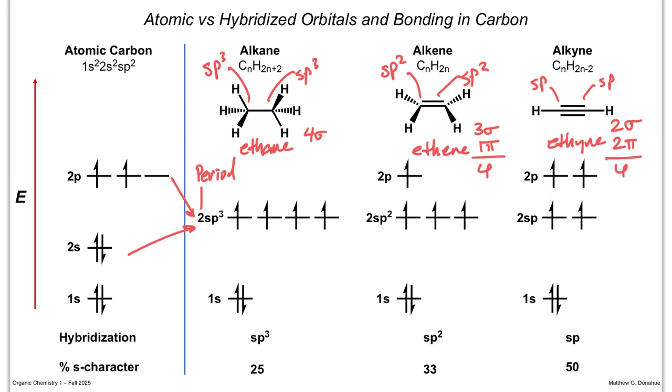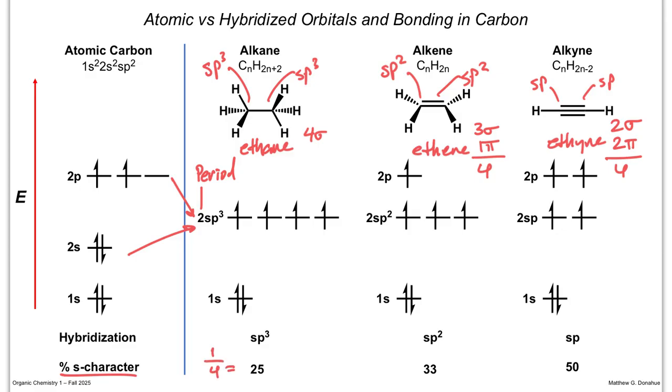This other last thing on the slide says %S character. And that's important when we start talking about acidity and acid-base chemistry. The number is basically derived from a 1 on top. So there's just 1 s orbital that's used. And then the total number of orbitals, so there was 4.